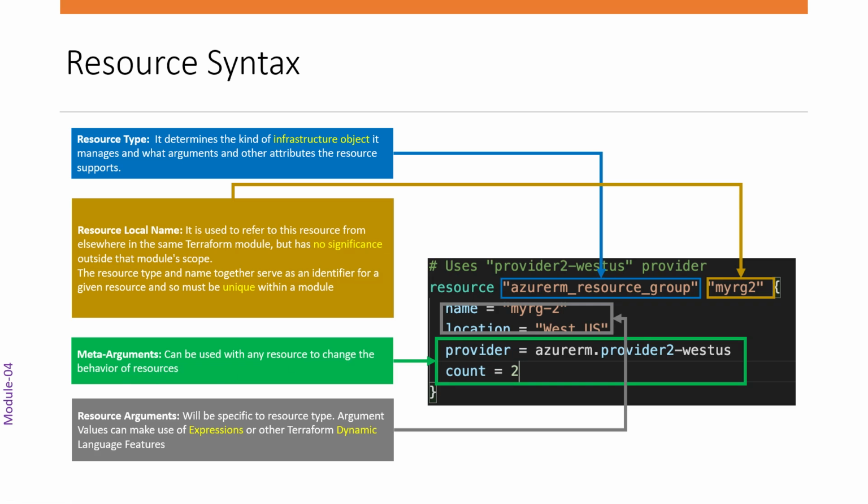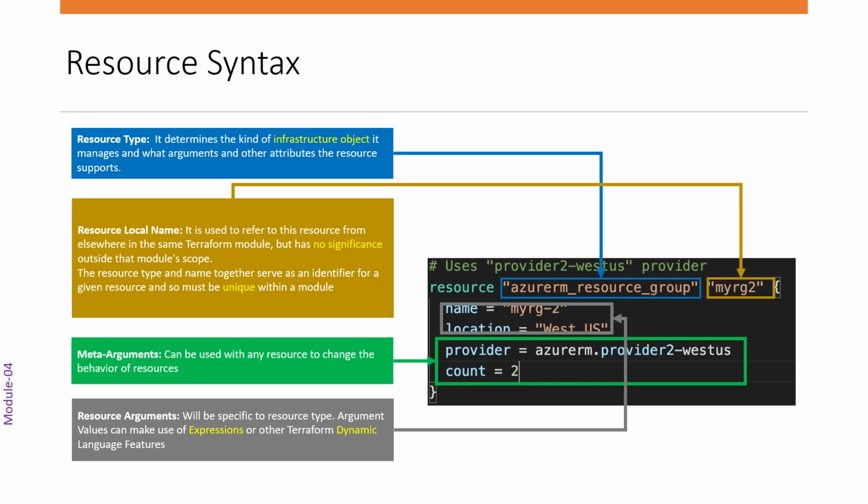As we have already discussed in the earlier sessions about our providers, last time we added the provider with the alias name, provider name dot alias name, whatever you gave. So for this particular region, West US, two resource groups will be created, right? This is also one way to change the behavior of your Terraform.